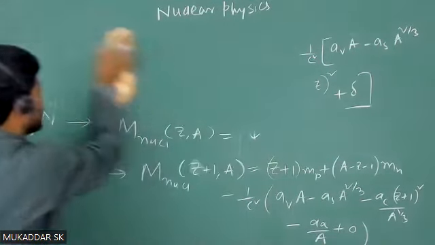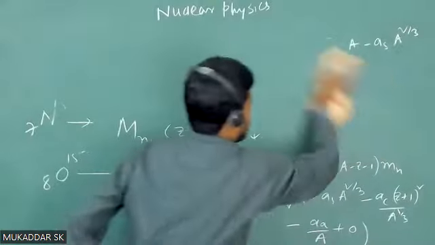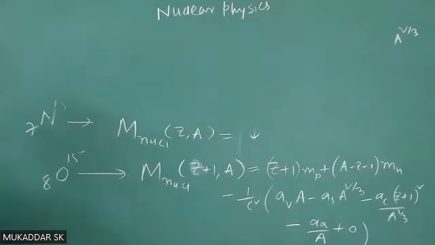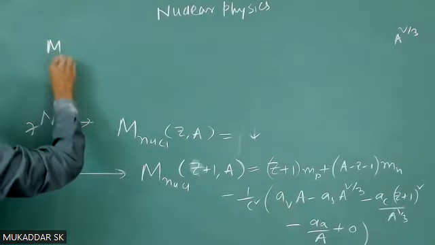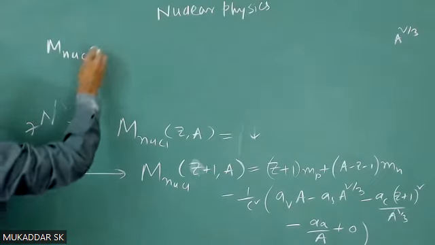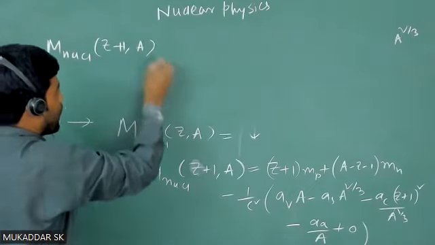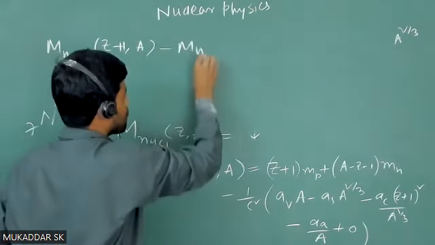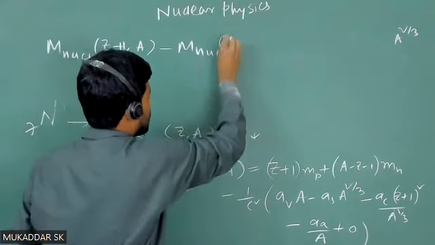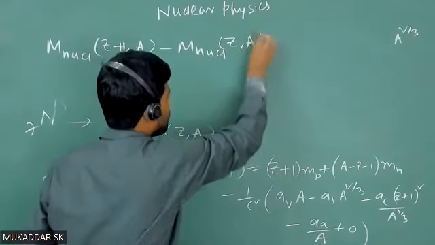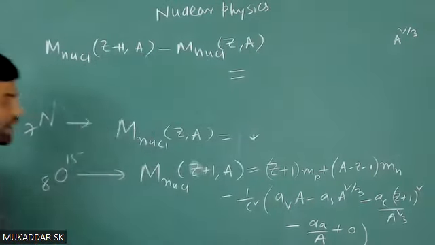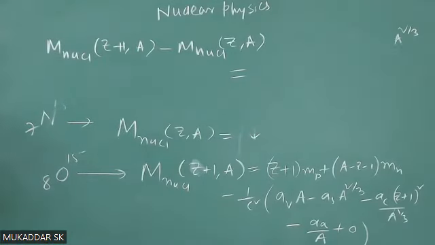अब दोनों का मास डिफरेंस अगर लिखोगे आप, देखो अच्छे से समझना, ये वाला स्टेप वेरी वेरी इंपॉर्टेंट है. अब दोनों न्यूक्लियस का जब मास डिफरेंस लिखोगे, like you have the nuclear mass of oxygen, that is Z plus one and A, minus nuclear mass of nitrogen, that is Z and A, ये जब आप लिखोगे, अब बताओ क्या क्या टर्म सर्वाइव करेगा यहाँ पे, ठीक है ना.